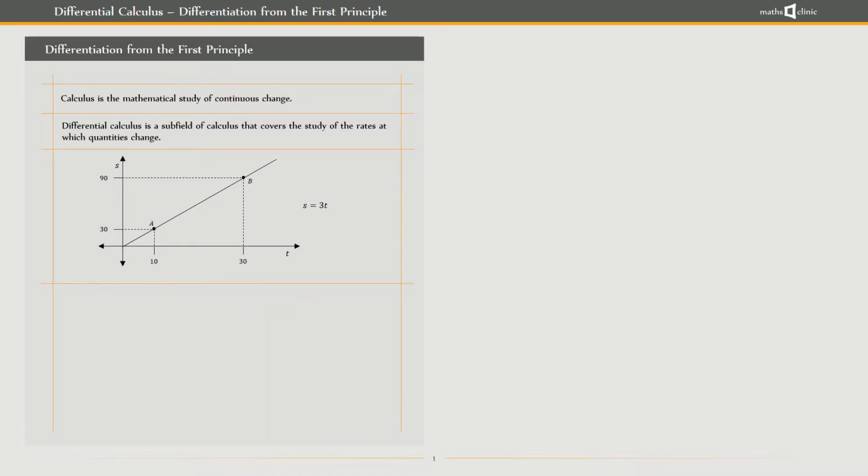Now consider a body moving following a function y equals x squared. If you plot the graph of y equals x squared, you wouldn't end up with a straight line, you would end up with a curve.